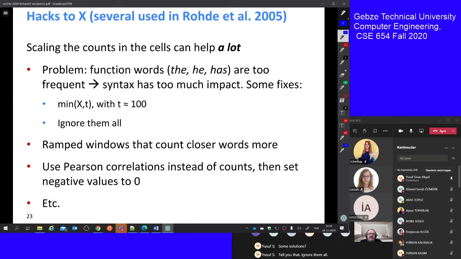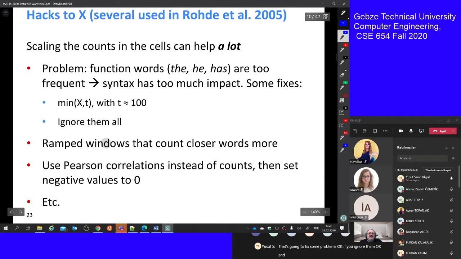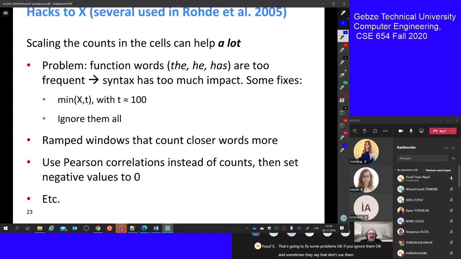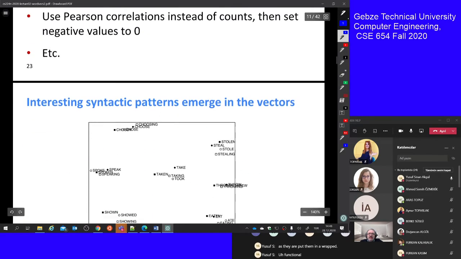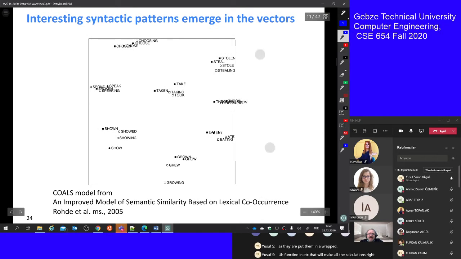That's going to fix some problems. And sometimes they say don't use the word counts as they are, put them in a ramped function, etc. That will make the calculations right.